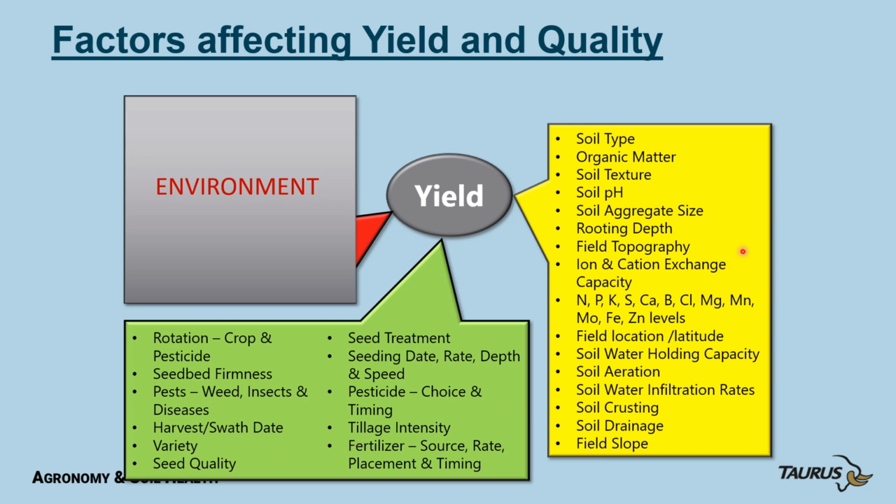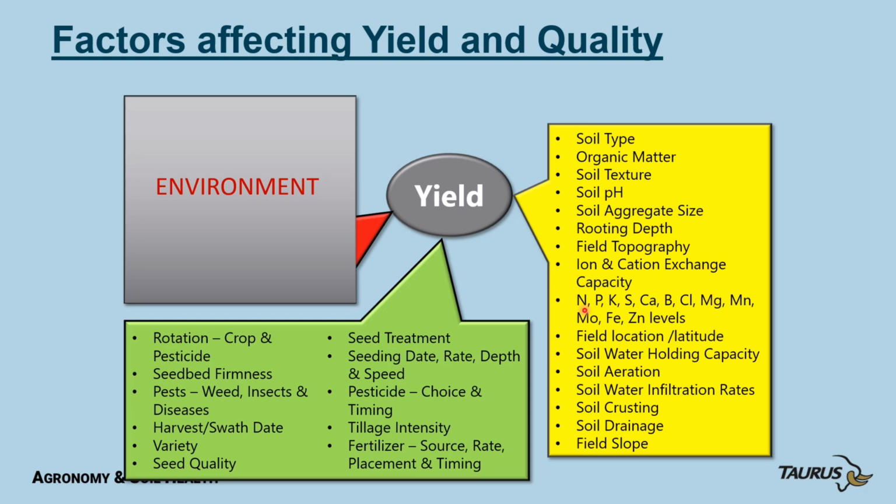But there's a lot of things that are problems we don't do anything about. Like we don't do much about improving organic matter and really working at that. Soil pH is a problem. We'll talk about that a little later. We get compaction, which interferes with rooting depth. We get field topography that influences water movement.